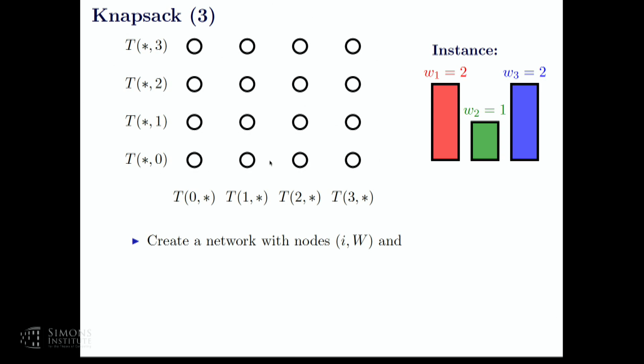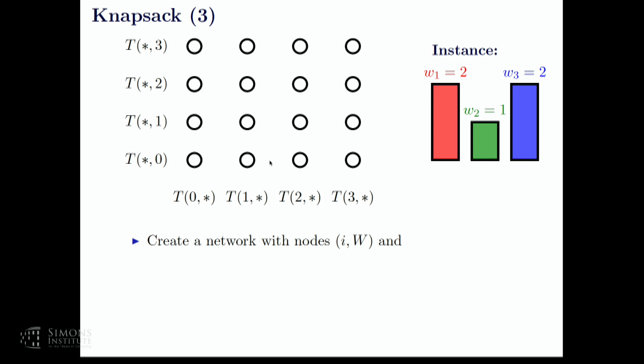So we have table entries for every index I and every W that's between 0 and the capacity of the knapsack. Let's arrange them in a matrix form. So this is index 0, index 1, index 2, and so on. And this is weight 0, weight 1, weight 2, and so on.